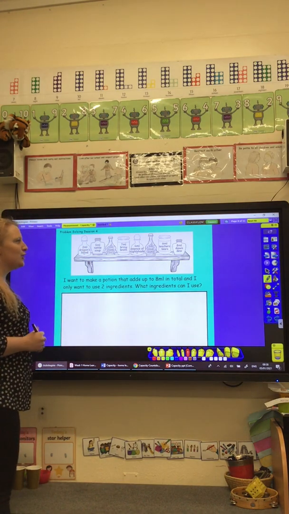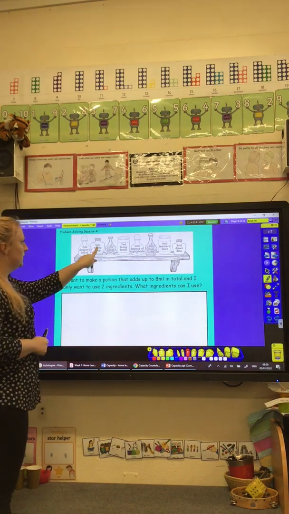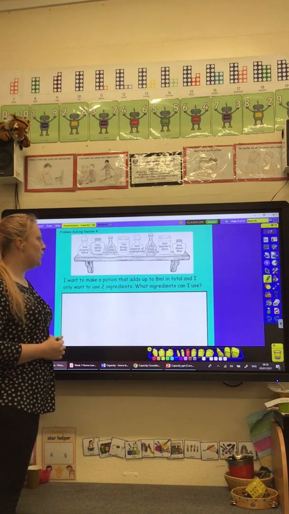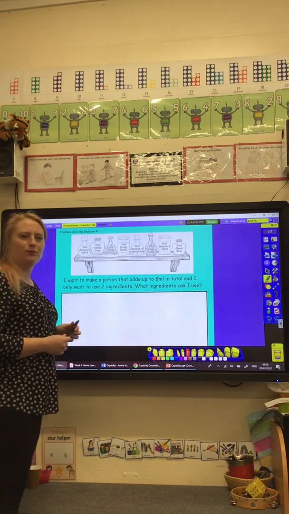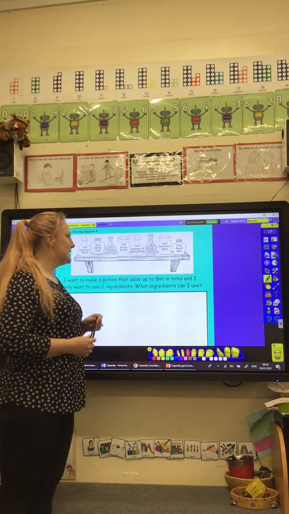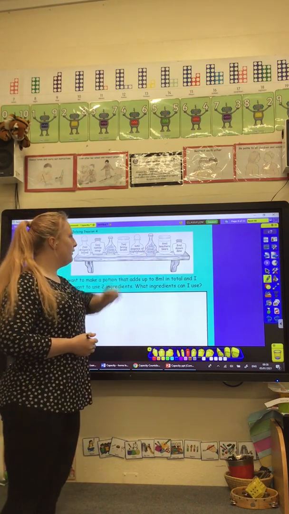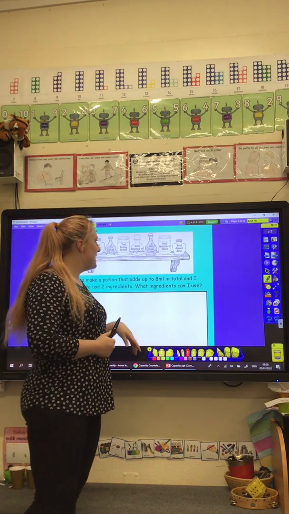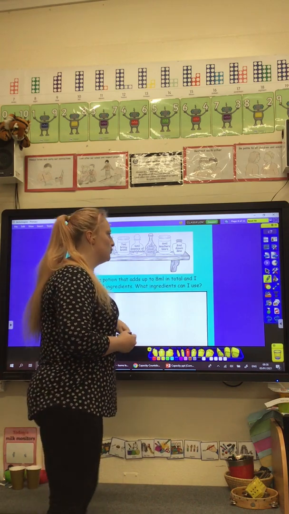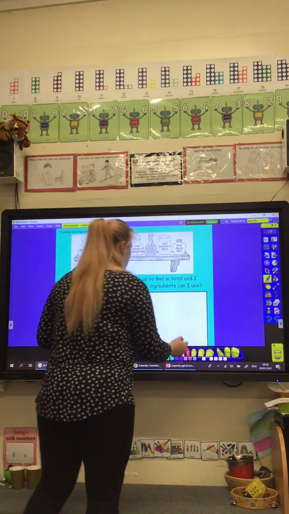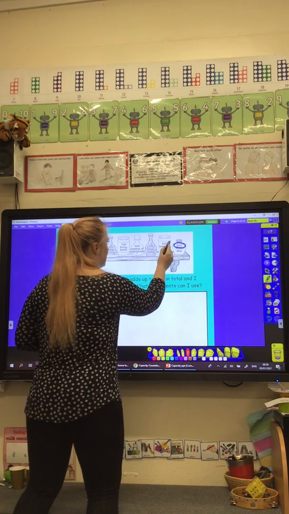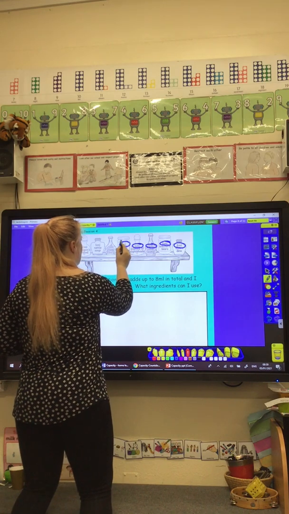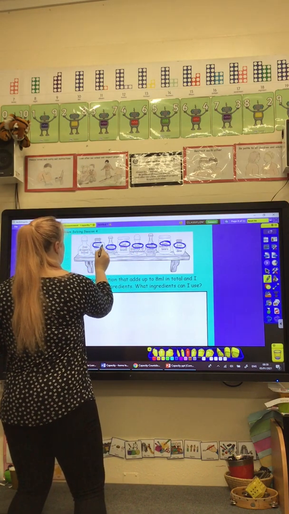So I've got 2 millilitres of dragon's blood, 5 millilitres of nettle soup, 3 millilitres of snake oil, 7 millilitres of briny broth, 4 millilitres of essence of nightshade, 3 millilitres of slug slime, 6 millilitres of teacher's tears, and 8 millilitres of dawn dew. Now, the important information we need from this is the numbers. So I'm going to circle those for us now so we can see them much, much more clearly.